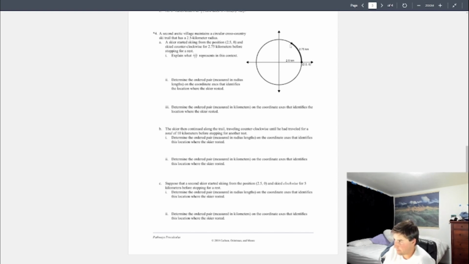Now that I have theta, I could just do sine and cosine, I think. Did not think this would be this hard. Sine 4 is negative 0.75. And cosine 4 is negative 0.65.